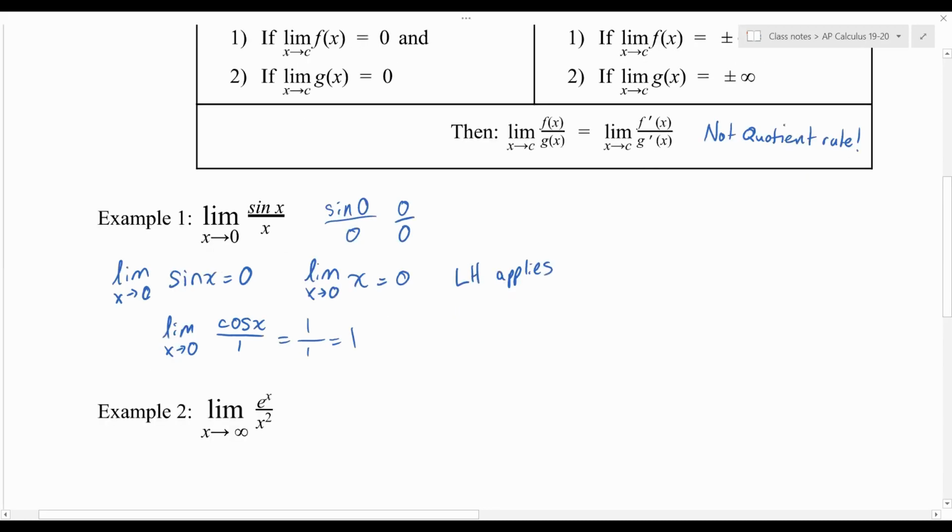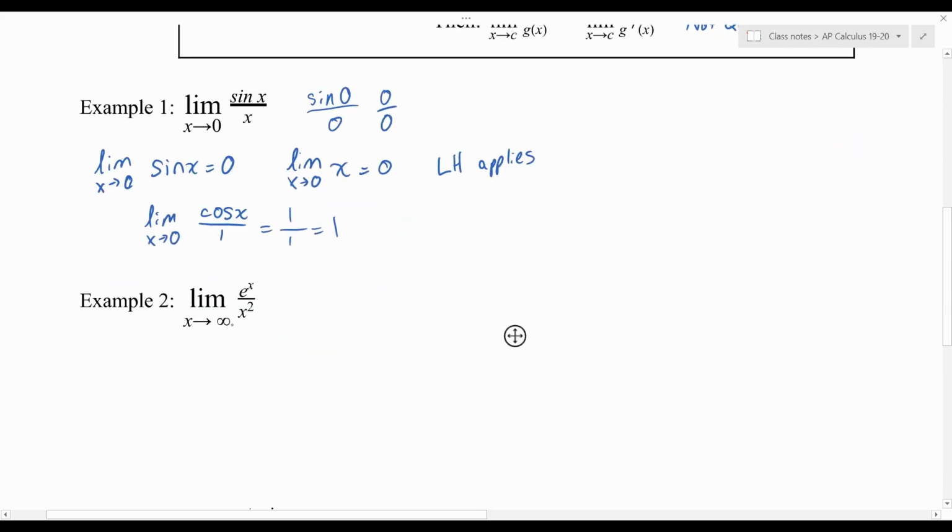Let's do another example. Here we have the limit as x approaches infinity of e to the x over x squared. We've done this with infinity before, and we could say, e to the x and x squared, which one is bigger? E to the x is bigger, so we have a bigger infinity on the top, and we'll be approaching infinity. Now let's say you forgot about that.